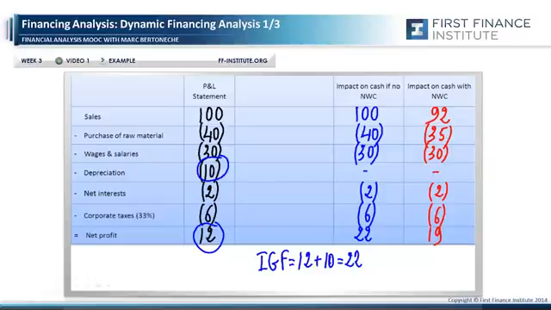And we are going to call the cash flow from operations the IGF plus or minus, here it's a minus, the change in net working capital.